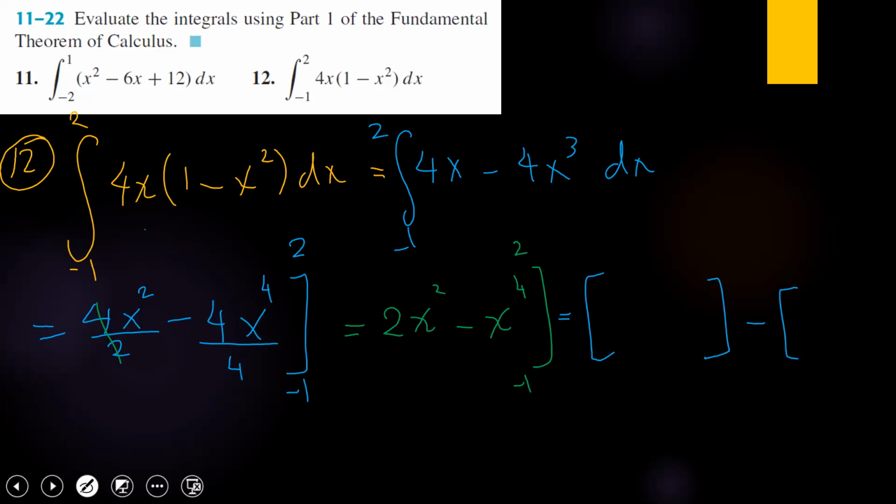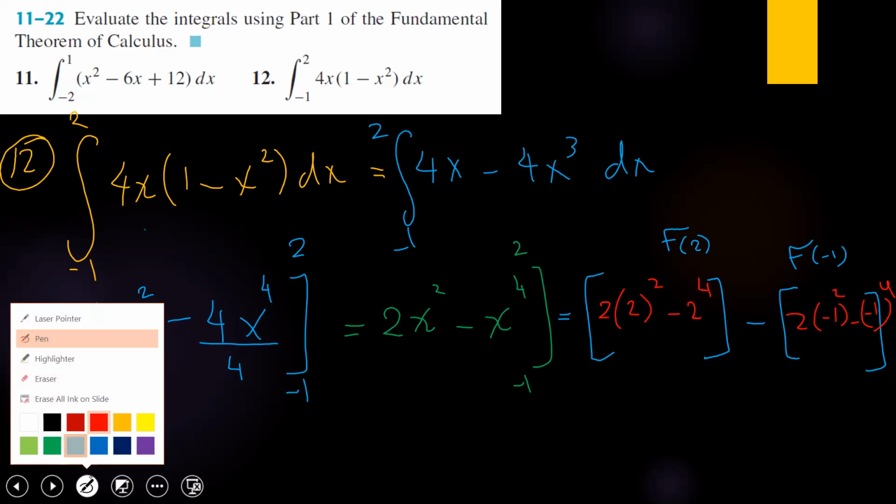So I will evaluate now f of 2 minus f of -1. F of 2, that means I have to evaluate with 2. So that means 2 times 2 squared minus 2 to the power 4. And here we have 2 times -1 squared minus -1 to the power 4.